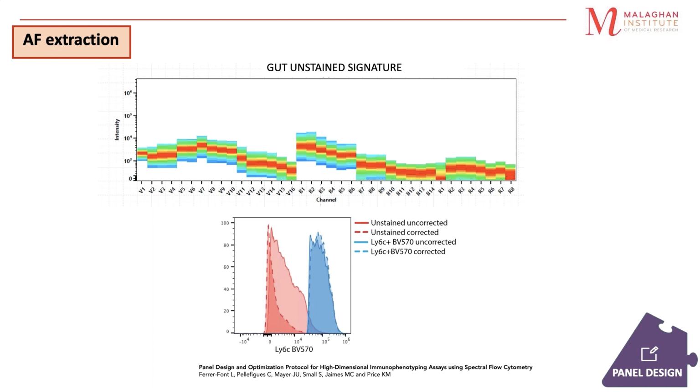Here I'm showing Ly6C BB570 as an example. In blue, the positive population doesn't change after autofluorescence extraction, while in red, there's a huge shift of the negative population after autofluorescence extraction, increasing the resolution of the Ly6C marker. By testing both iterations, we decided to use autofluorescence extraction for our immunophenotyping panel in gut.